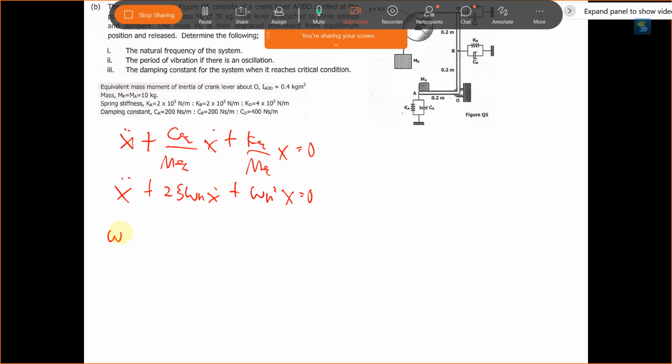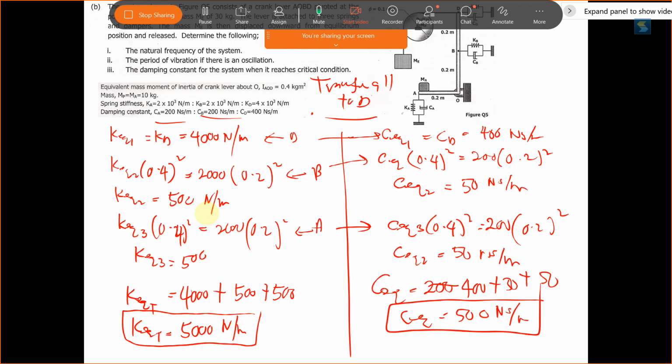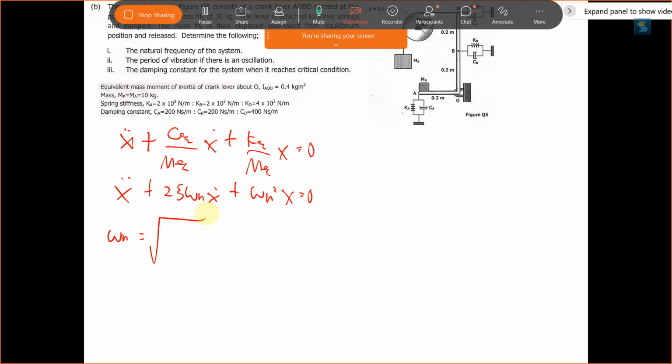So omega n equals square root of K equivalent 5,000 divided by 40. So what is omega n? 11.18, isn't it? 11.18 radian per second. So that is our answer for the first one.